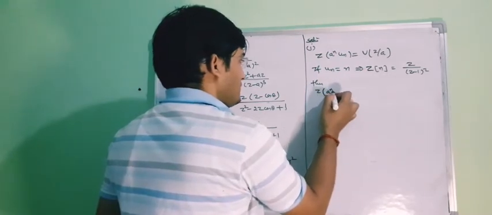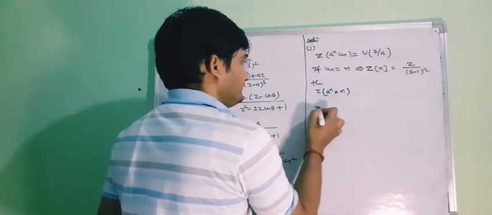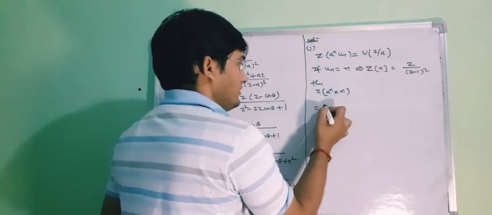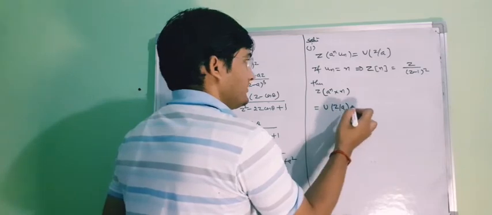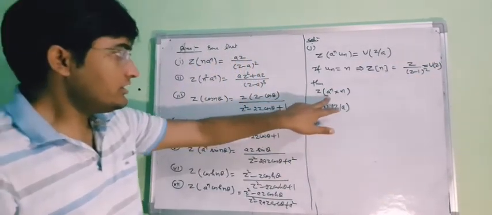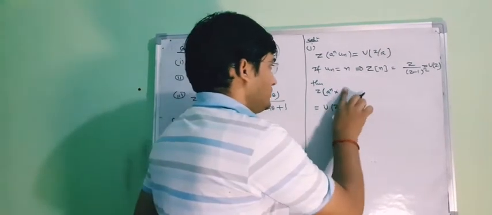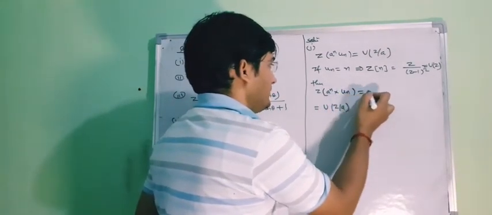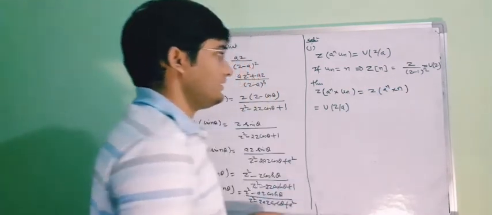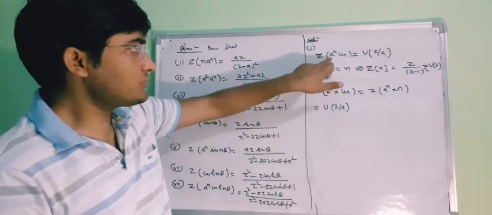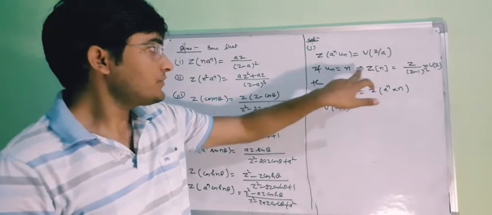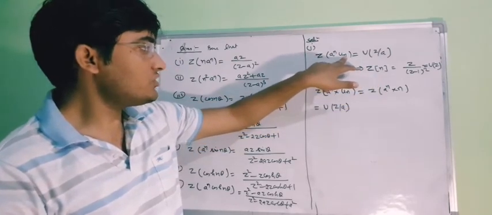So the Z transformation of a power n into n will be u z upon a. Now the Z transformation of a power n into un is uz by a, where uz means the Z transformation of un.